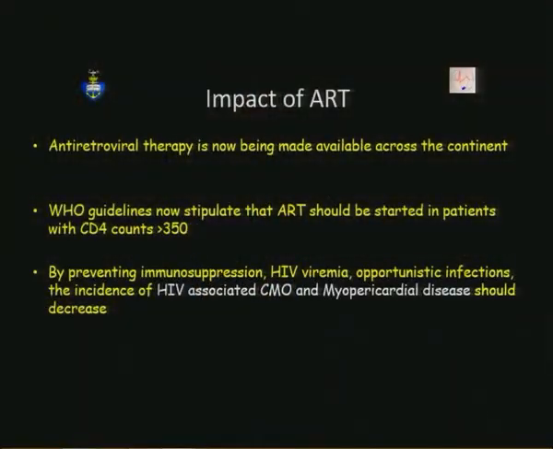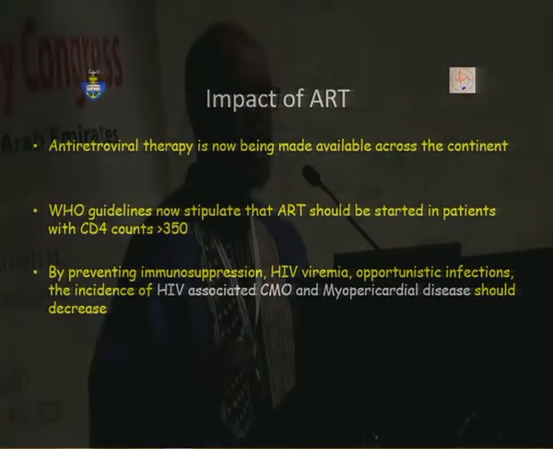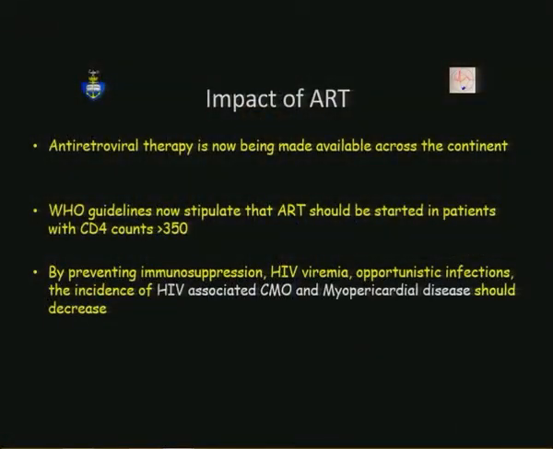Currently, South Africa has one of the biggest antiretroviral programs in the world, with over 2.5 million people now on antiretrovirals. Importantly, the World Health Organization guidelines now stipulate that antiretroviral therapy should be started in patients with CD4 counts that are well preserved, and hopefully the idea here is that you don't wait for people to get opportunistic infections, you treat them while they're still healthy, and therefore prevent any of these fatal opportunistic infections.